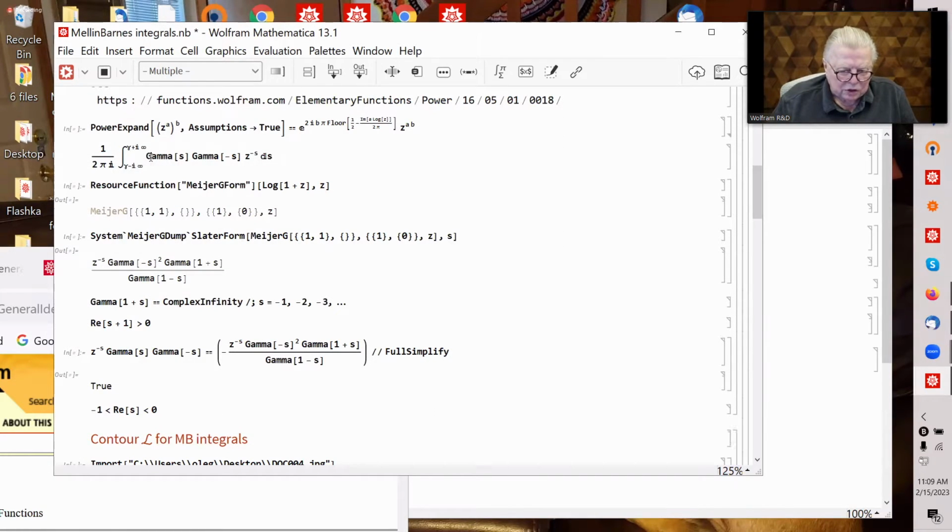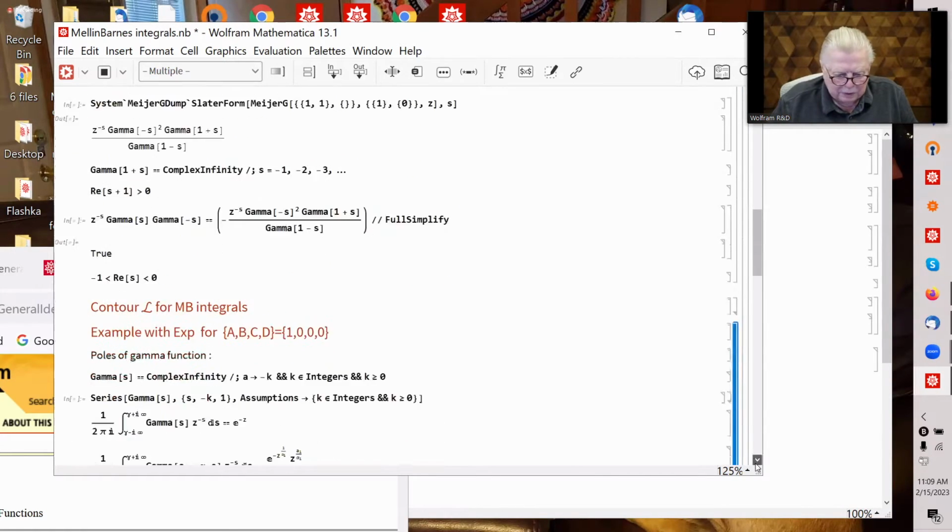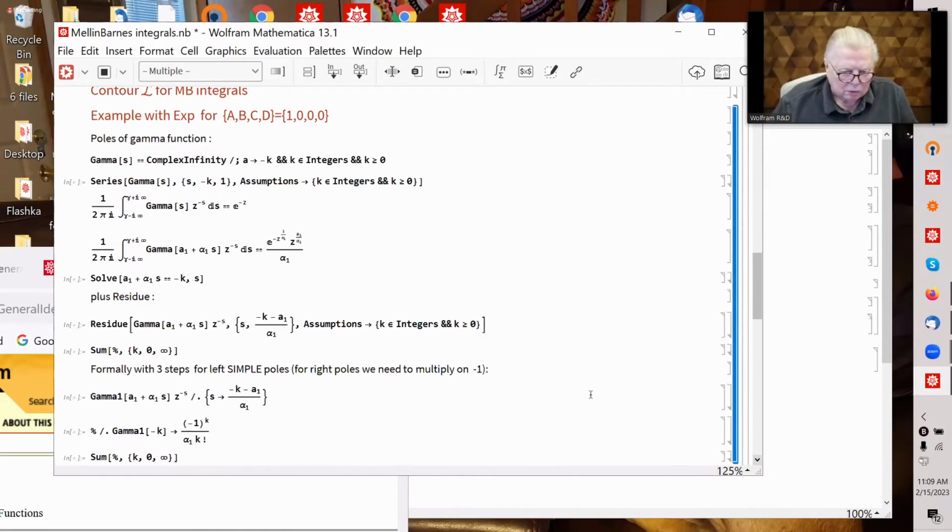This gamma function has poles at points minus k with integer positive k, and if we evaluate this integral, it will be the exponential function, which we know.